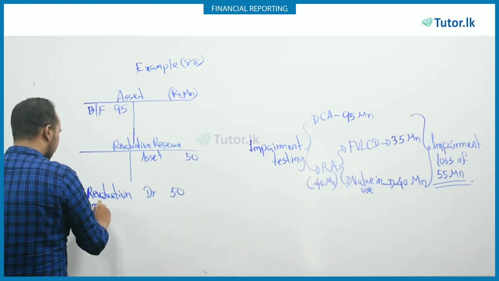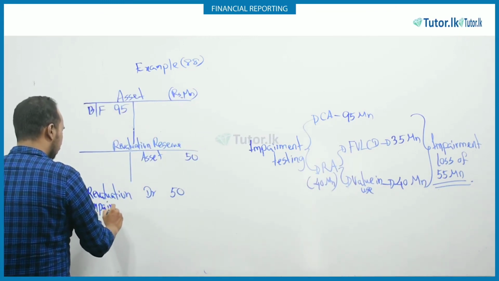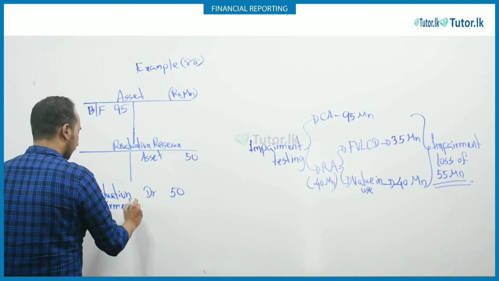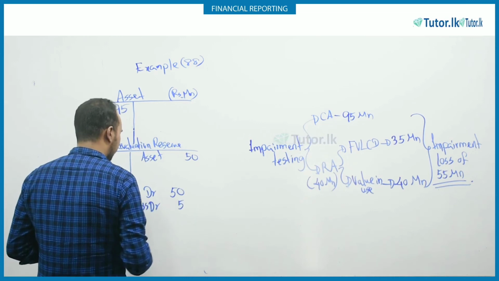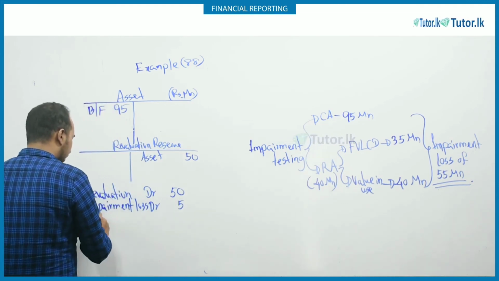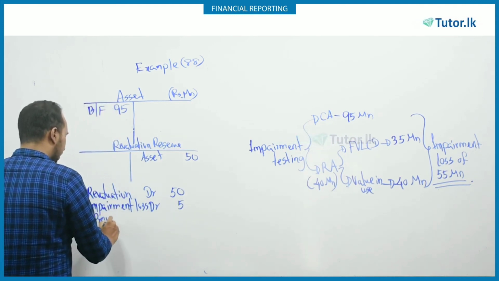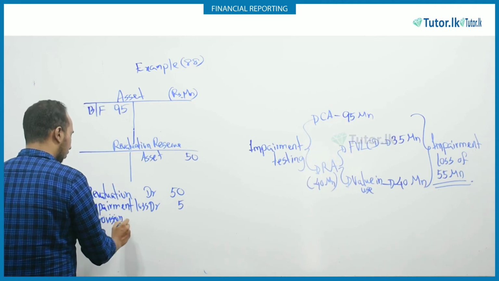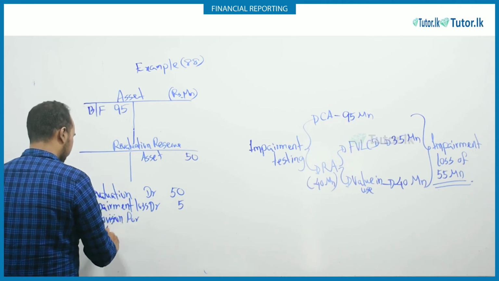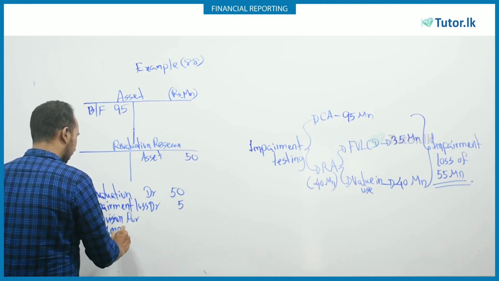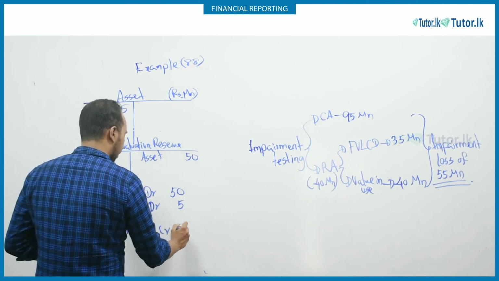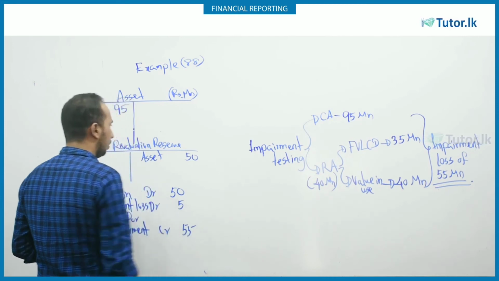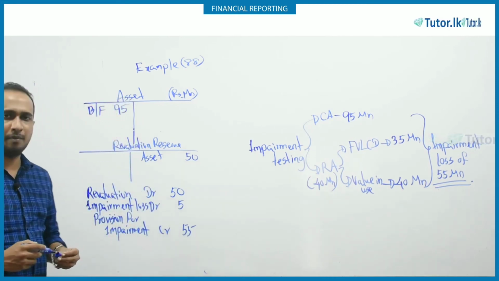Therefore, the account called impairment loss is debited by 5, and the total credit entry would be provision for impairment, credited by 55.